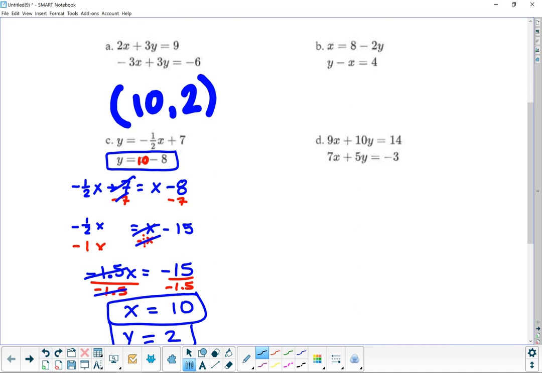So I'm going to multiply the bottom equation by 2. If you multiply the bottom equation by 2, 2 times 5 is 10, but I need that to be negative. Excuse me. So instead of multiplying it by 2, I'm going to multiply by negative 2. Okay, and I'm going to write my new equation down.